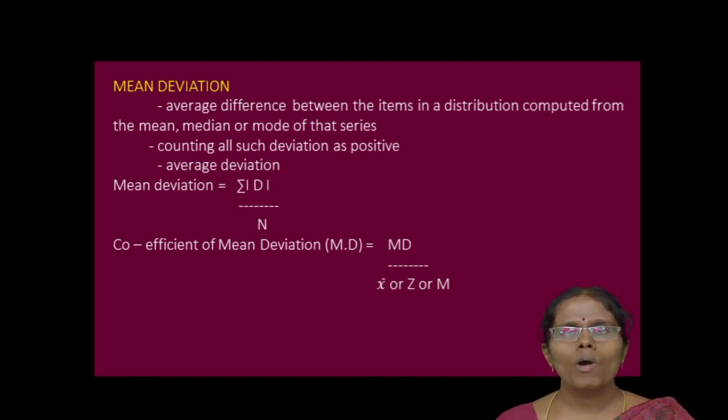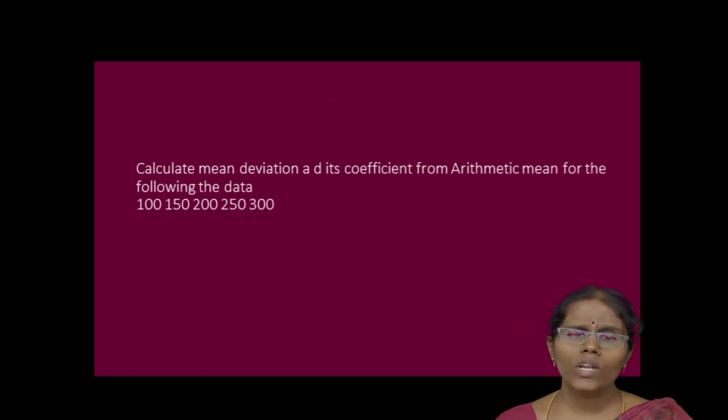Next, a problem: calculate the mean deviation and its coefficient from the arithmetic mean from the following data. Here 5 values are given. It is an individual series.